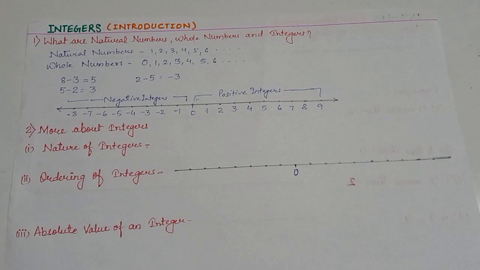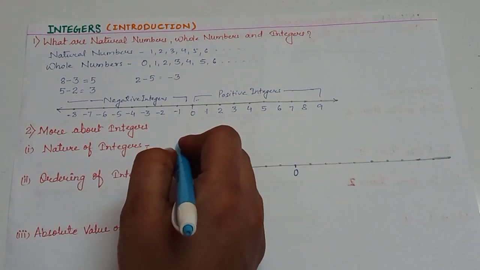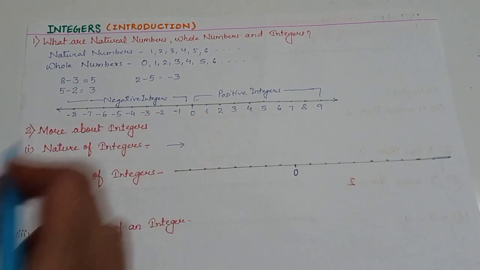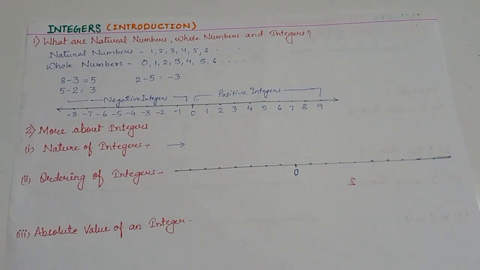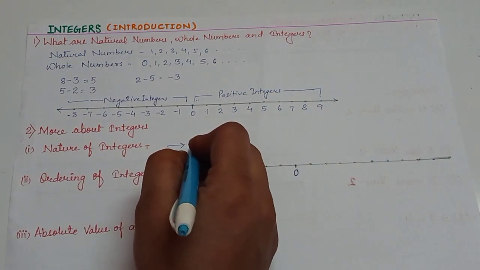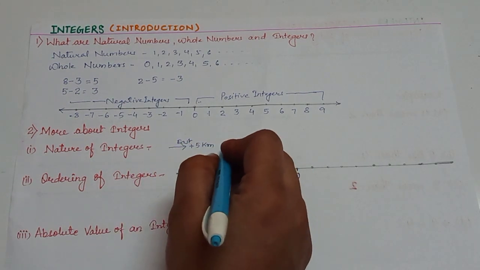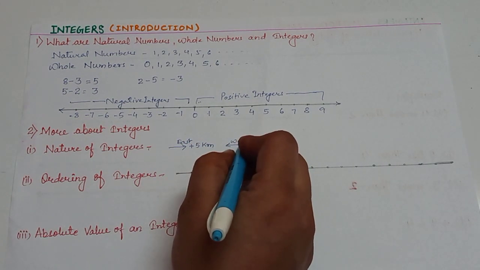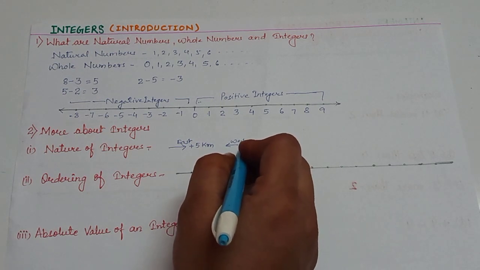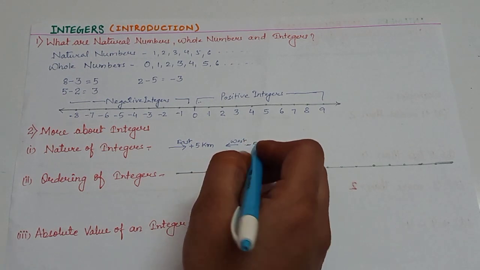Now we will learn something more about integers. What is the nature of integers? Integers are directed numbers. With an example, I'll show you. Suppose going towards east is represented as positive 5 kilometers, then going towards west will be represented by a negative integer, that is -5.